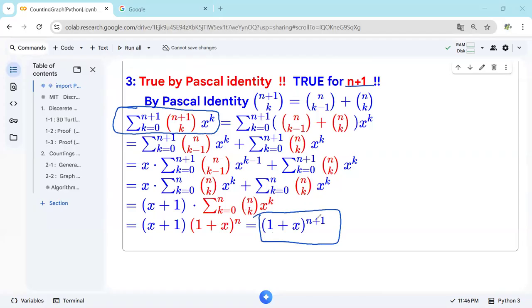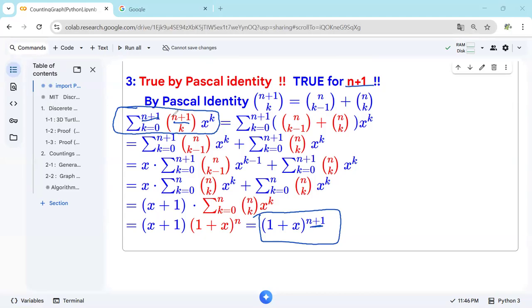Look at this: this is n plus 1, this is n plus 1, this is n plus 1. This is the proof for the case n plus 1.